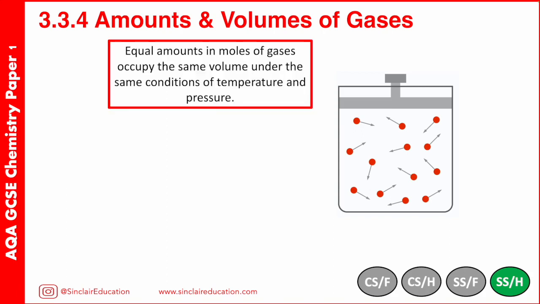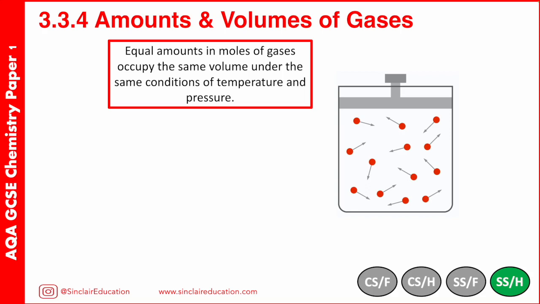So what we know is that we've got the Avogadro constant, that idea that in 1 mole we have a set fixed number of molecules within that. But if we've got gases, and we've got moles of gases, what we know is that 1 mole of gas, provided they're the same temperature and pressure, will occupy the same volume.